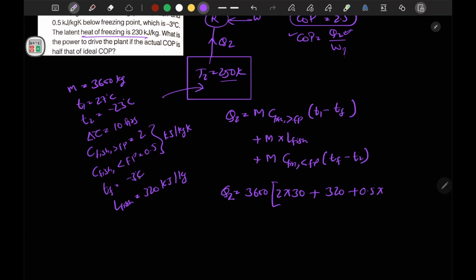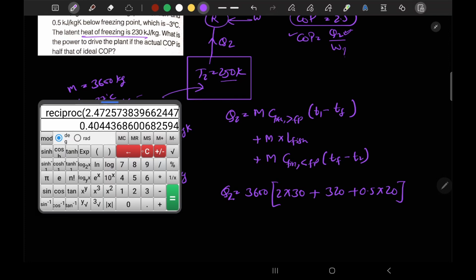TF is minus 3, T2 is minus 23, so the difference will be 20. This is 23 and minus 23 and minus 3, the difference will be 20. So on solving this, let's solve: 60 plus 320 plus this is 10.